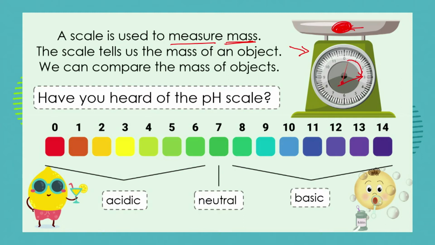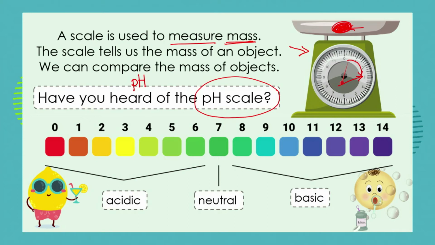So the scale can tell us, and we can compare things that have a large mass with things that have a small mass. Now, in the same way, have you heard of something called the pH scale? And it's written very strangely, isn't it? It has a small or lowercase p and a capital H. Have you heard of the pH scale?